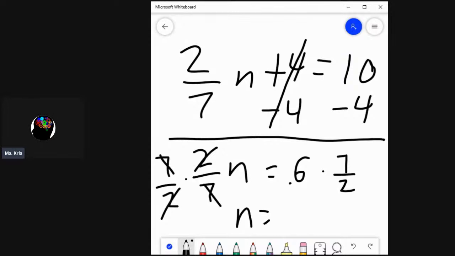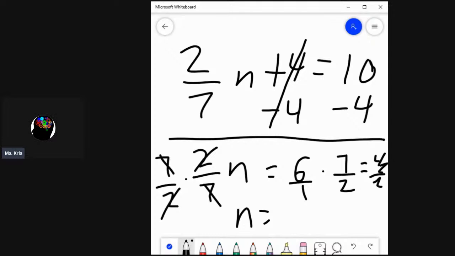Now, of course, you still can do this 2 ways. The long way would be 6 times 7. That'll give me 42. And then, of course, 2 times 1, that gives me 2. And 42 divided by 2, that gives me 21, right?